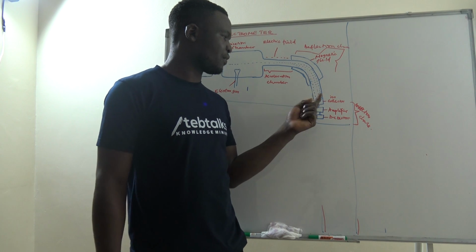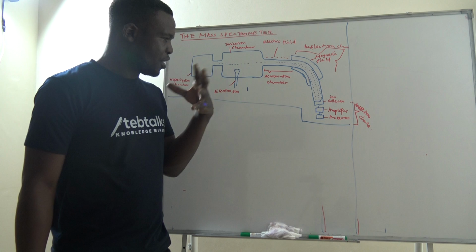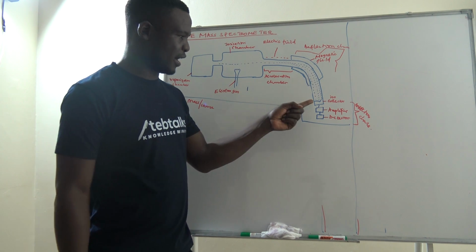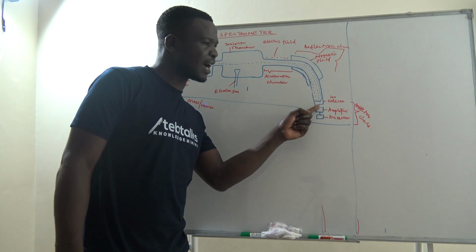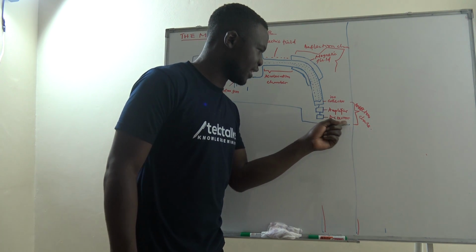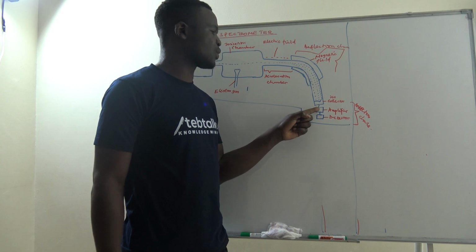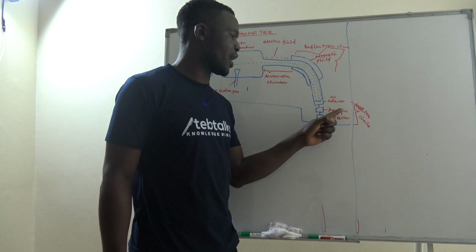Now the number of ions falling on the detector per second causes production of an electric current here. But this current is not sufficient to be detected by the detector. So our ion collector is connected to an amplifier.